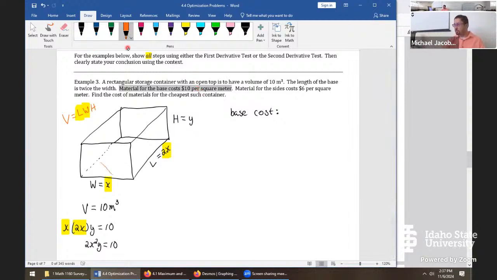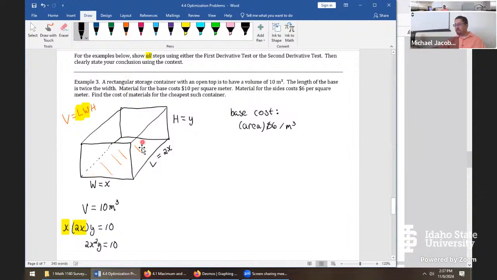By base, we're referring to this part of the box, by saying its area multiplied by $10. Put in maybe the unit first. It's the area times $10 per square meter. But the area is not too bad to come up with. It's going to be just, let me erase some of these highlightings temporarily.